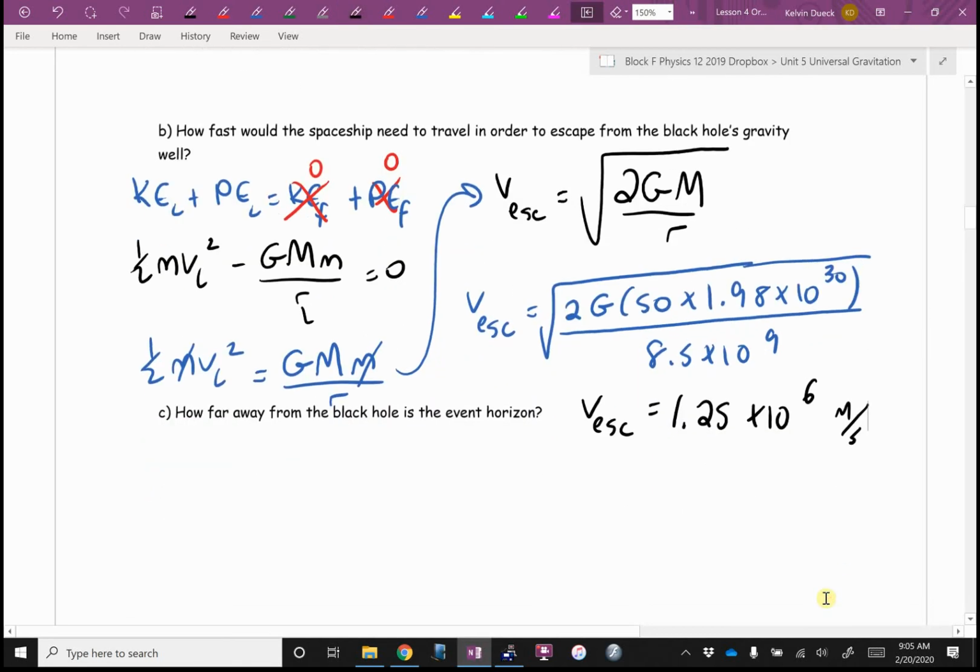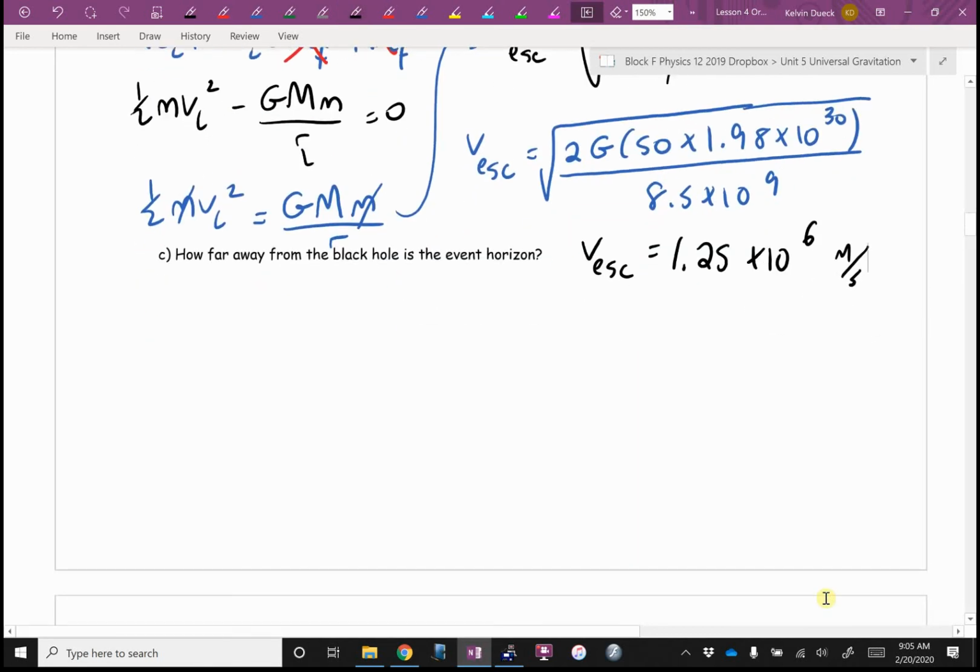But let's see. The event horizon, that's the fancy name for where your escape velocity becomes faster than light. This is asking how far away from the black hole is the event horizon. We're going to start out with the escape velocity equation.